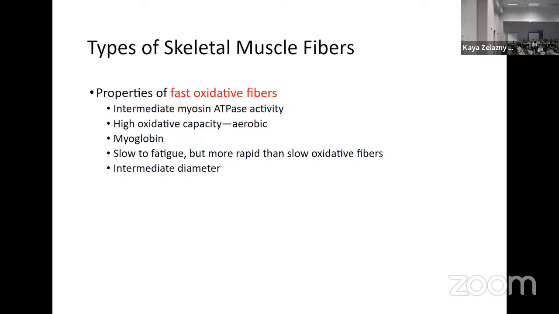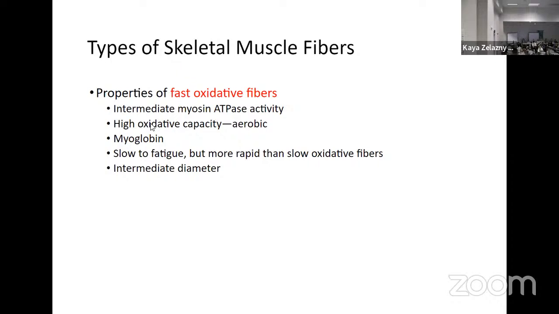Now we've got fast oxidative. So this is kind of intermediate. So they have myosin that is itself kind of intermediate in activity. We're going to associate it with the fast myosin so that we can remember that this is a fast oxidative fiber. But it's a little slower than the one you would see in our fast glycolytic, potentially.